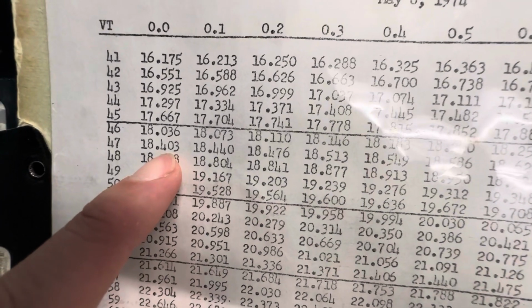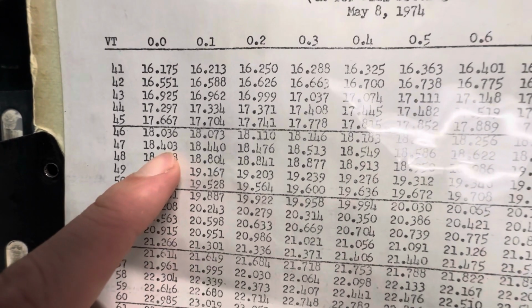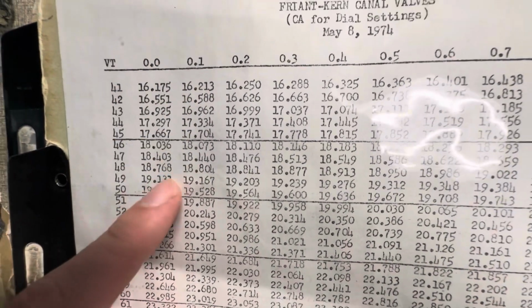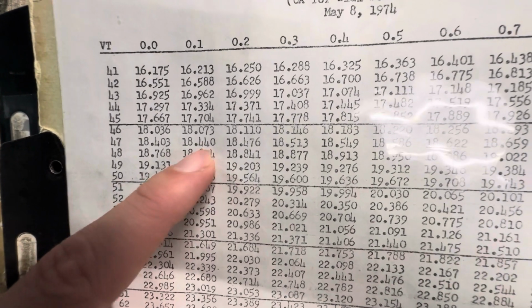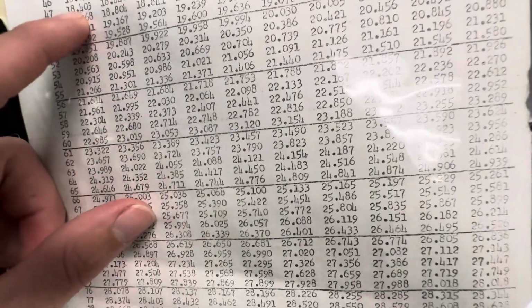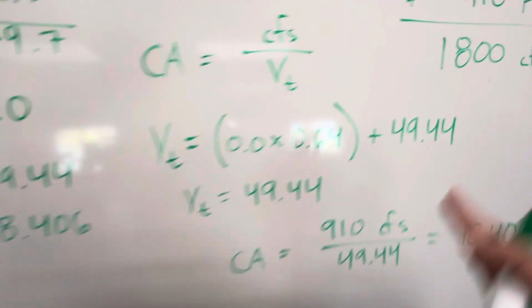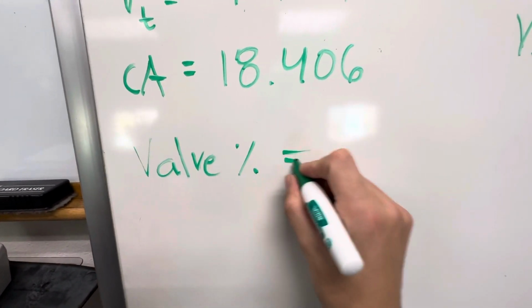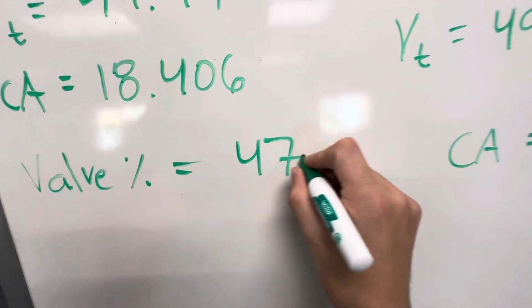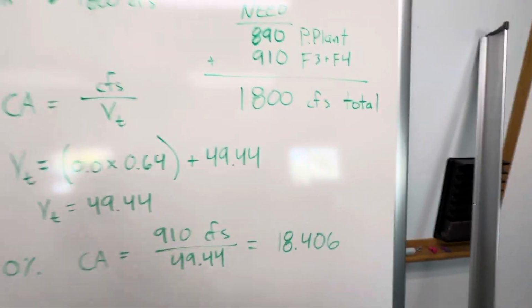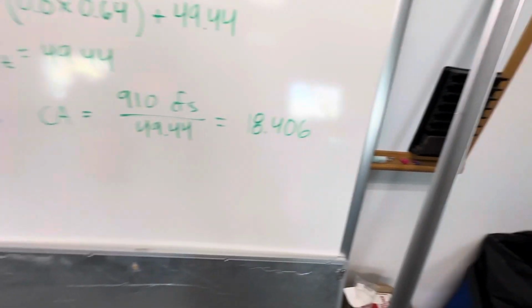I'm going to run that one. 18.403 corresponds to the percentage 47.0. If it was this one, it would be 47.1, and so on. But 47.0 is our closest value. So if I want to run just F3 or just F4, the valve percentage it needs to be at will be 47.0, right?